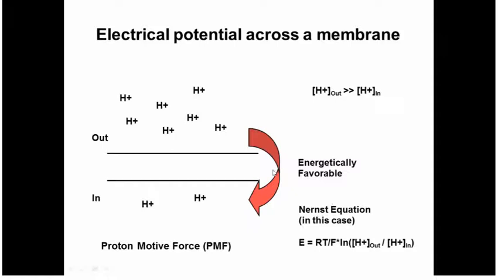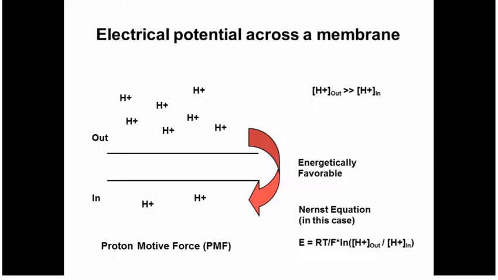And just so that we can get the formalism right, if you've got any kind of gradient of charge across a membrane, this can be related to a potential difference in volts by the Nernst equation. The only reason I'm pointing this out is that what is important here is the ratio.